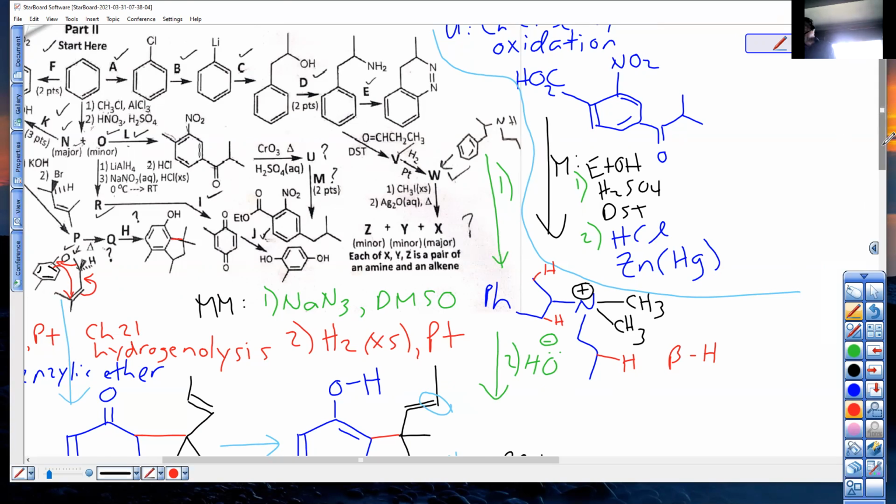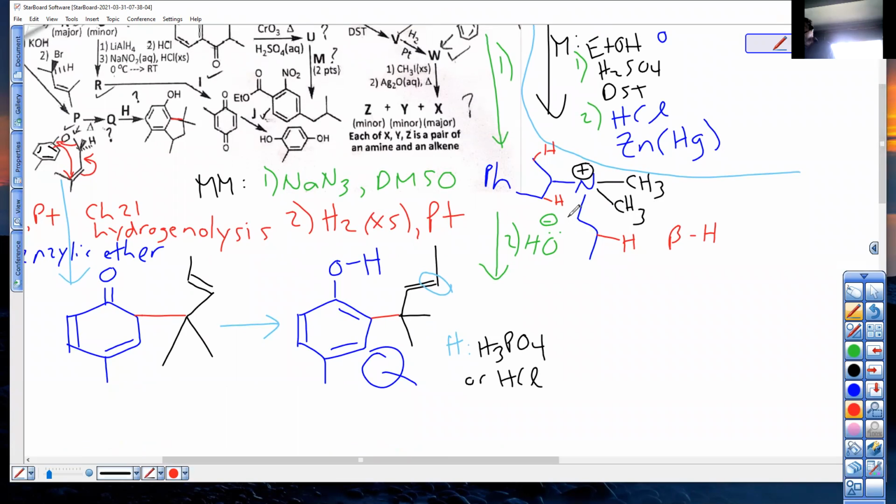All right. So if hydroxide grabs this H, it makes an alkene here and this leaves. If hydroxide grabs this less hindered H, it makes an alkene here and this leaves. And with the Hofmann elimination, it's all about taking the least hindered H. So major, supposed to be X. Take this alpha H, make a double bond there, and this leaves.